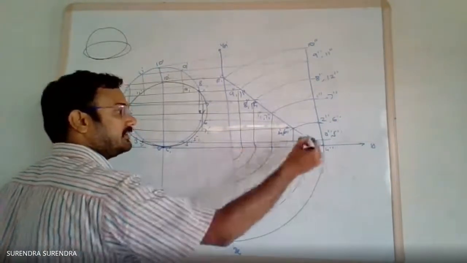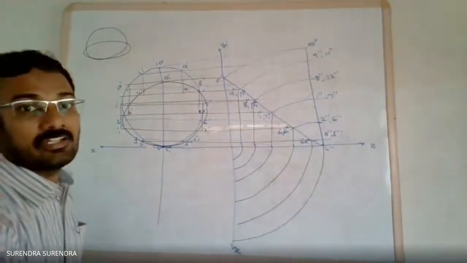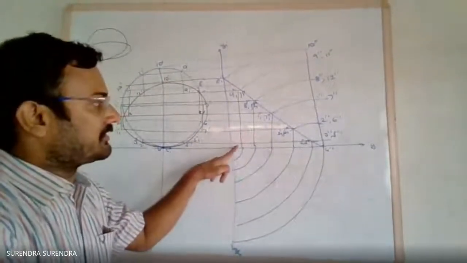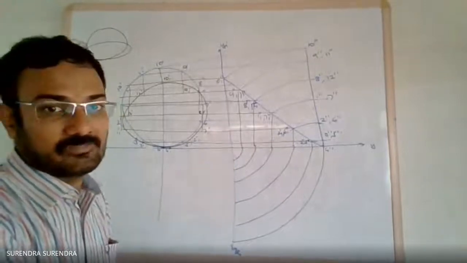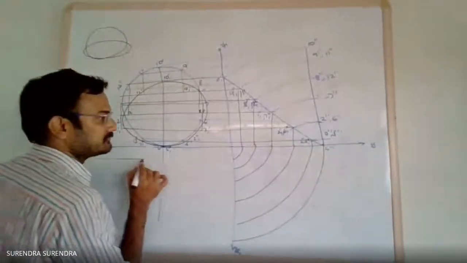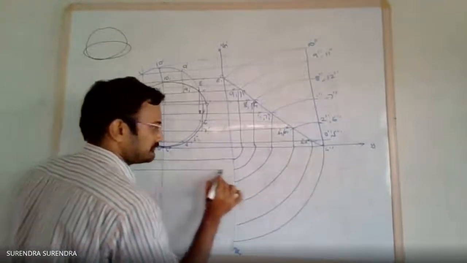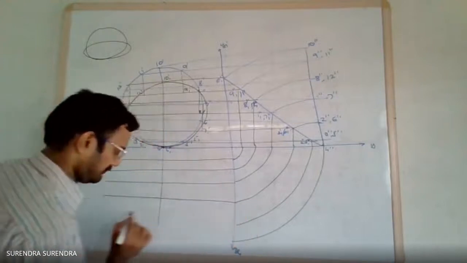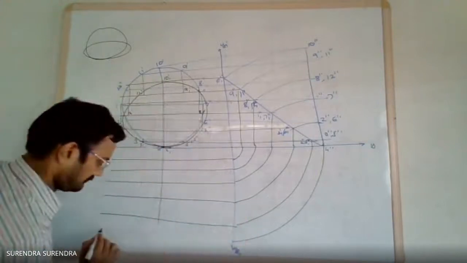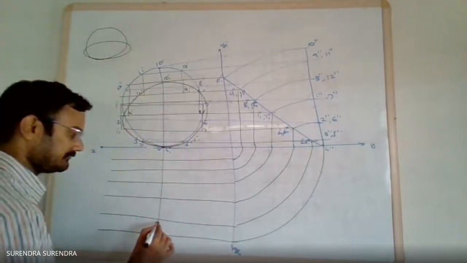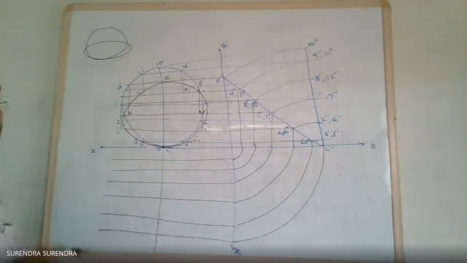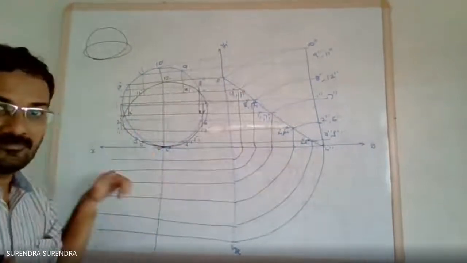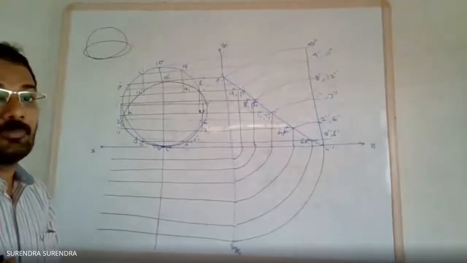With O as center, draw the quarter circles or arcs so that you are transferring this horizontal distance to the vertical one. So transfer all the vertical plane distances to get the top view.